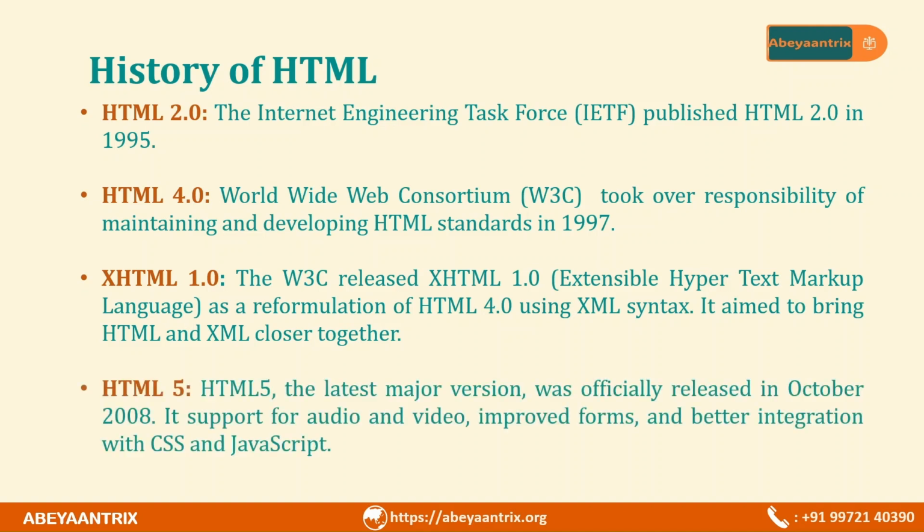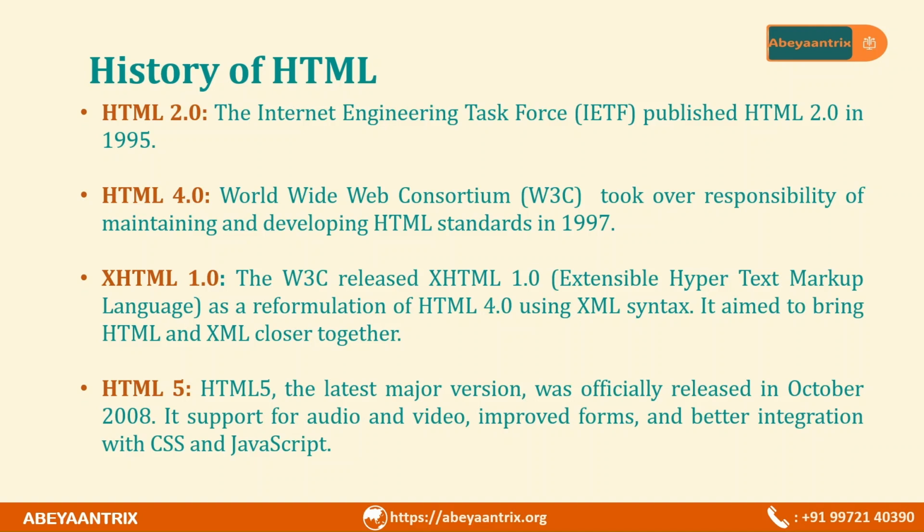Next one is HTML5. This was introduced in the year 2008, and this is the final version that we are still using, the version we all use today. HTML5 was officially released in October 2008.